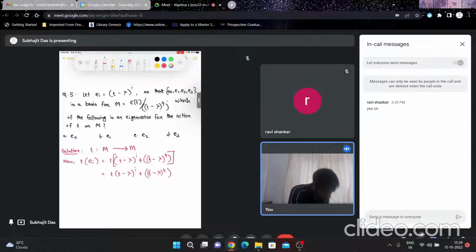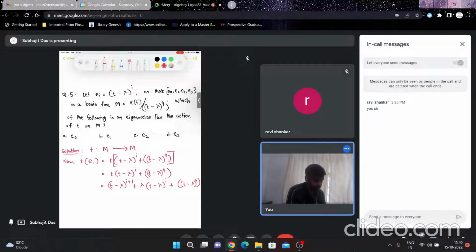And then this is (t minus lambda) to the power i plus 1 plus lambda times (t minus lambda) to the power i, right? This is what you have seen this week, isn't it? While the instructor was trying to develop the Jordan canonical form, he mentioned this. So this is a representative, and you need to write the ideal as well because you are working with cosets.